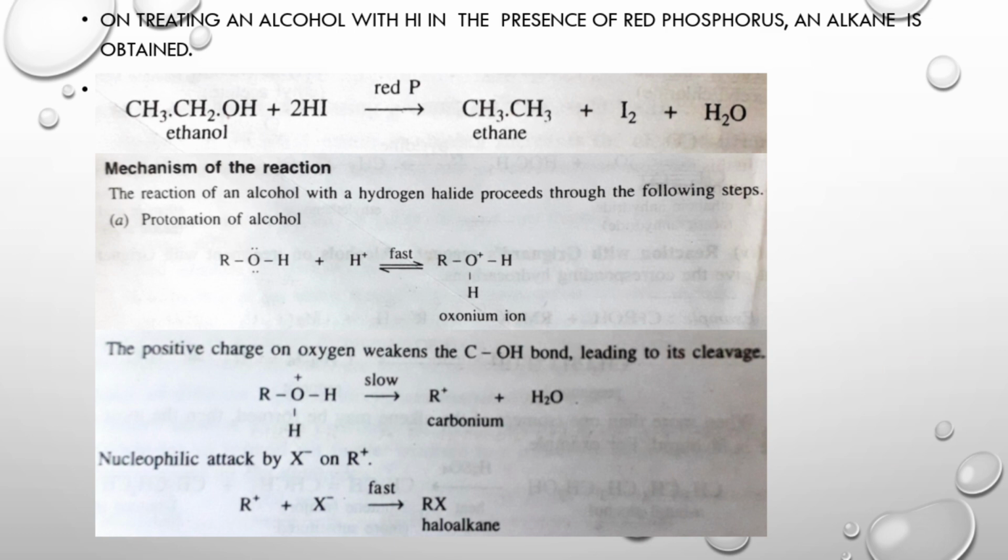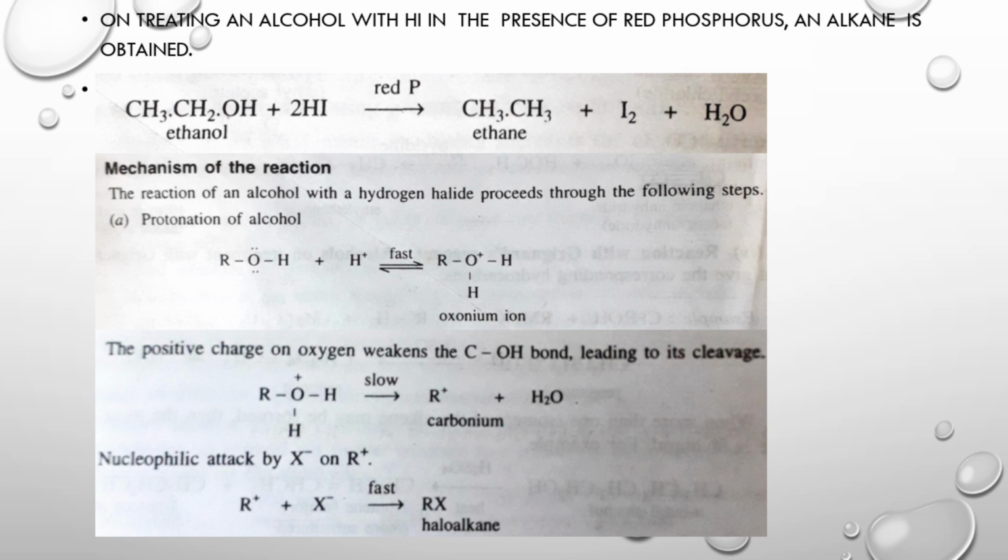Protonation of alcohol: here we have the formula ROH, alcohol, on treating with H plus, it may be any hydrogen halide, it gives ROH2 plus, the oxonium ion, because we know oxygen-hydrogen bonds are polar bonds.